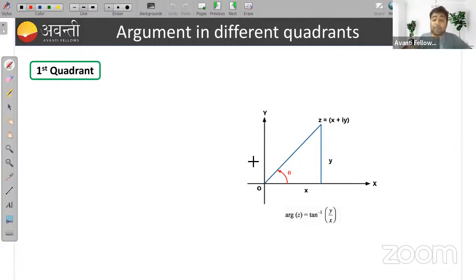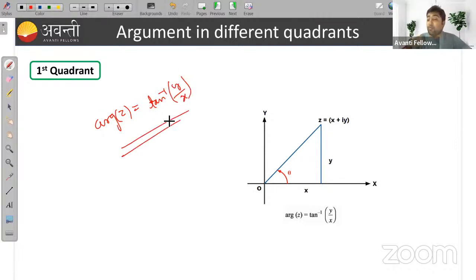Then the argument of z becomes tan inverse of y upon x. This method is applicable when the complex number is lying in the first quadrant. If it is lying in the second quadrant, what will happen?